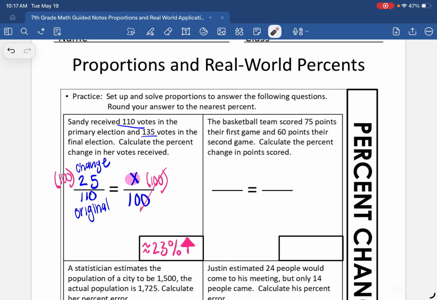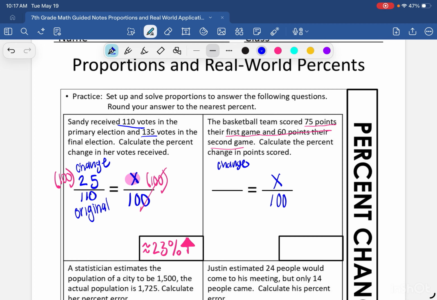Next question, it says the basketball team scored 75 points their first game and 60 points in their second game. Calculate the percent change. Okay, so again, percent change. I need to figure out my change over my original amount. My original amount was 75 points, that's what they scored first. My change is from 75 to 60. What is the difference between 75 and 60?